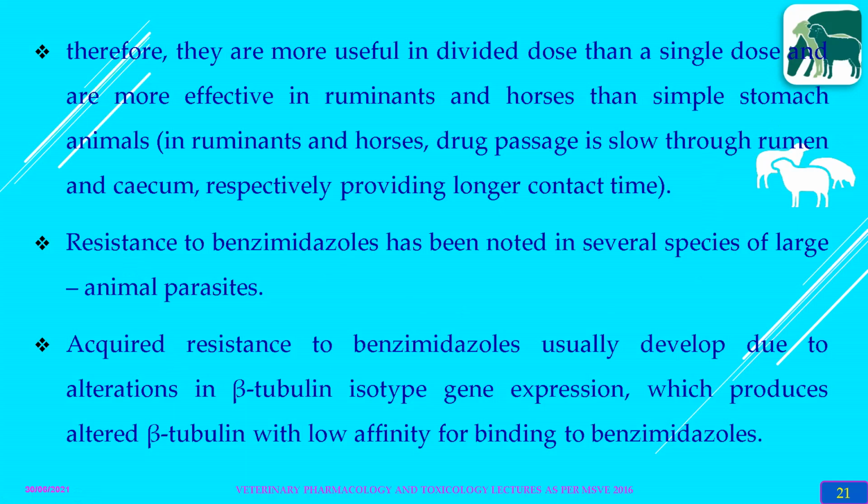This produces an altered beta tubulin with low affinity for the binding of the benzimidazoles. So this is the resistance mechanism. Microtubulin structures will be changed, and that's why the drug is not going to act on such parasites.